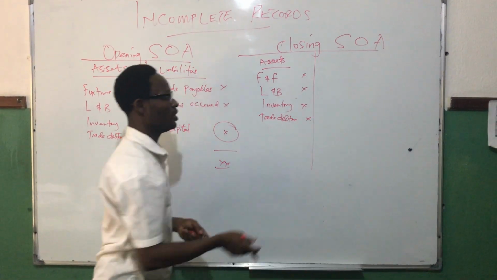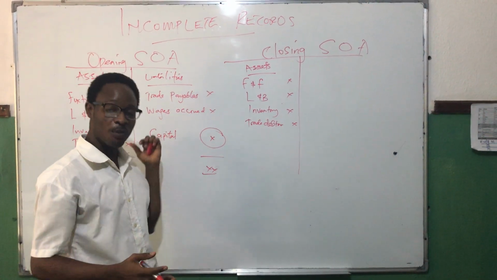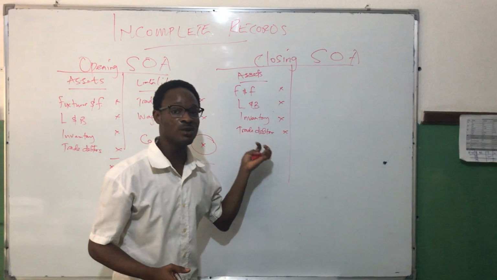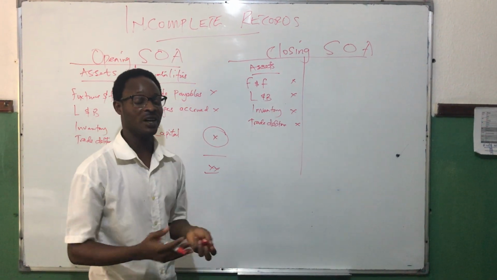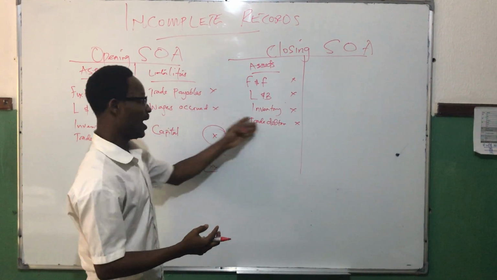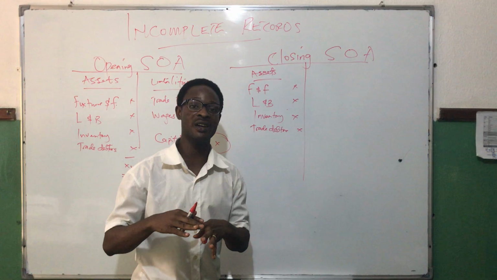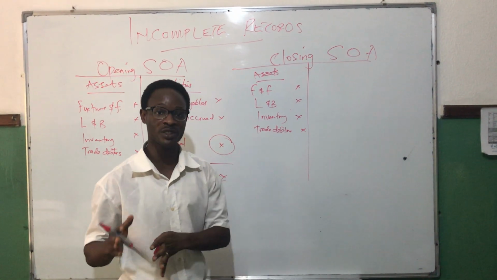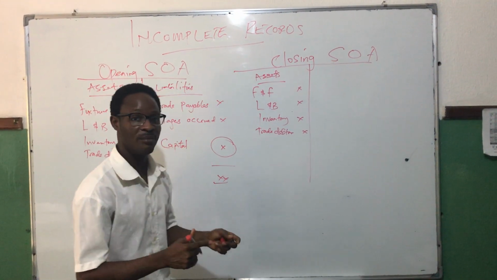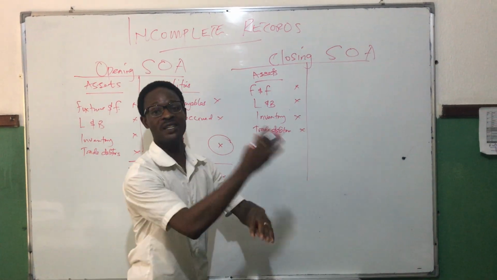If there is any other item which was not available in the opening and is now available in the closing, for instance, we can have electricity prepaid that wasn't here and it may be here, so that it may not be a confusion. It is very possible that there might not be an asset here at the beginning, but it is here at the closing, and vice versa.